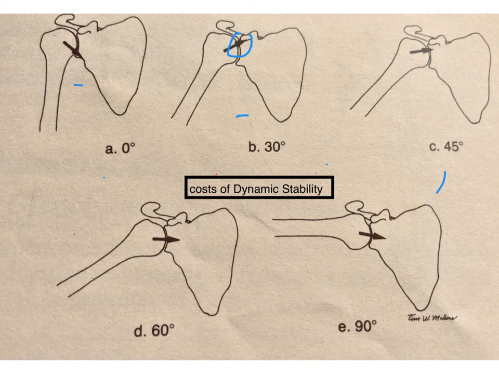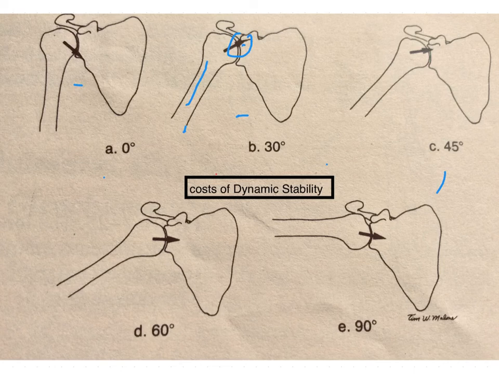These pressures are related to arm position, maybe a dependent arm or a loaded arm. In both cases, greater pressures in the bursa are seen as the arms are loaded and maintained in an elevated position.